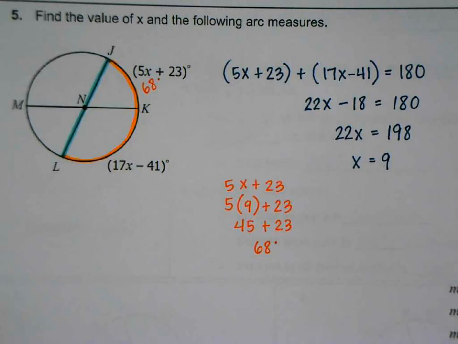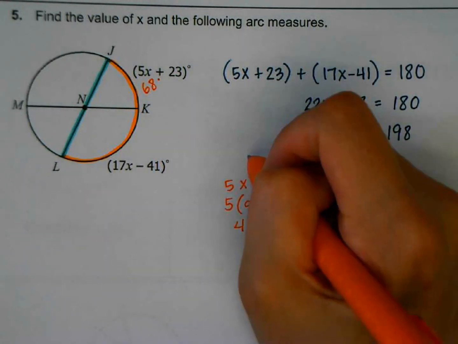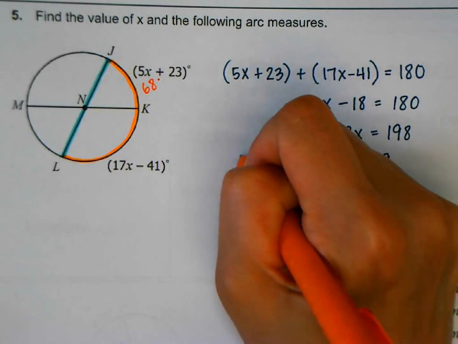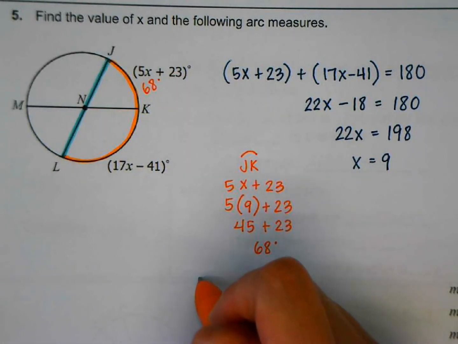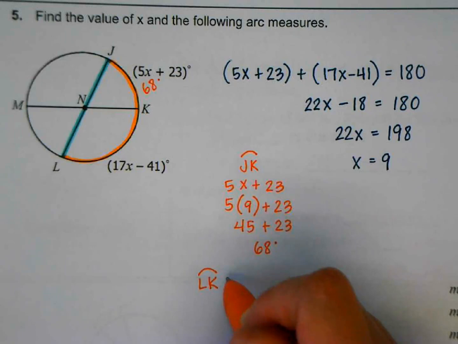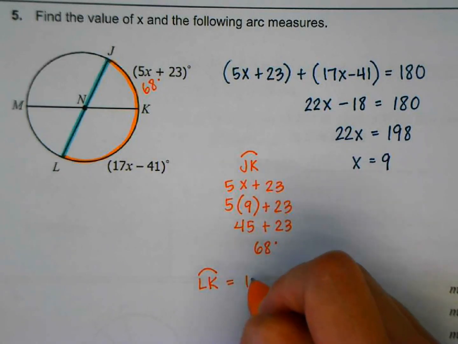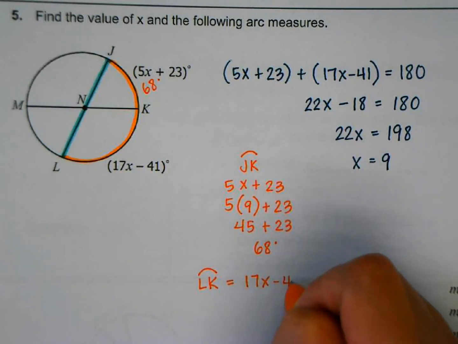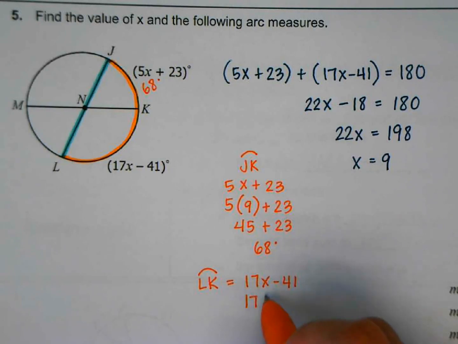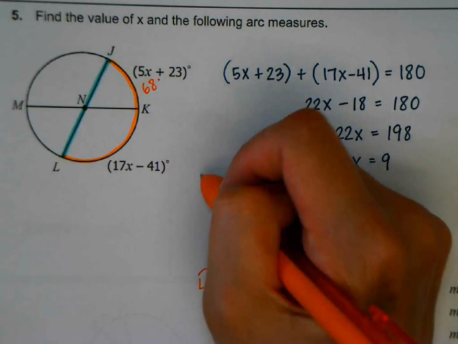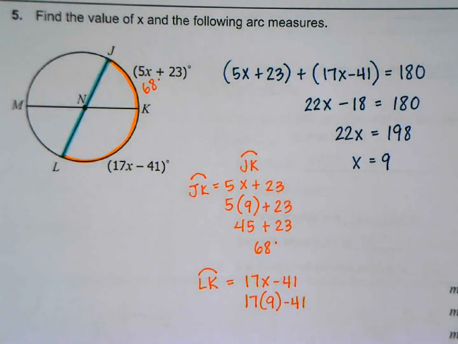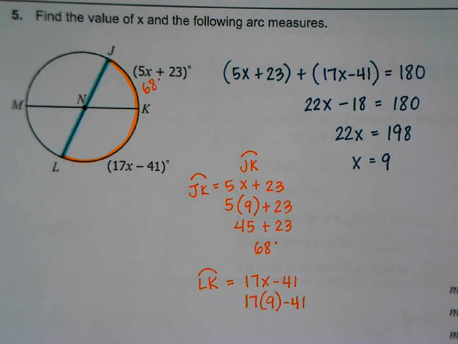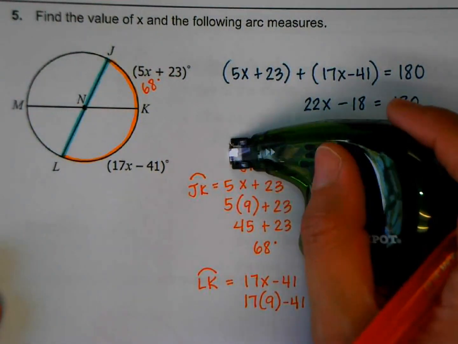This was arc JK, and then let's do arc LK. Hopefully you have your calculator. Let me just wipe this part out.